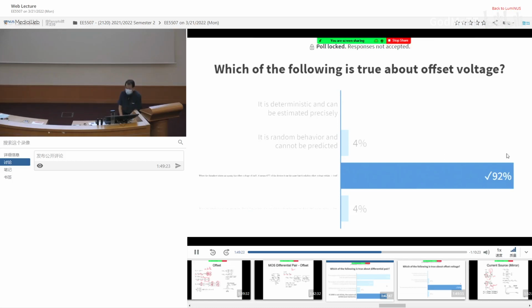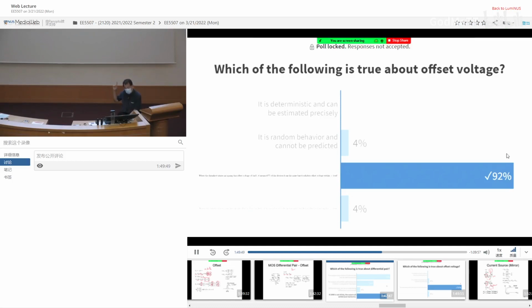Random behavior doesn't mean it is not predictable. The way we predict also doesn't mean it's very deterministic. We cannot predict that this chip is going to be 1 millivolt. But if this chip is coming from the same batch, I can know that 67% of the time, this mismatch is going to be less than a certain value. So this is also some kind of prediction. Weather forecast is also prediction, am I right?